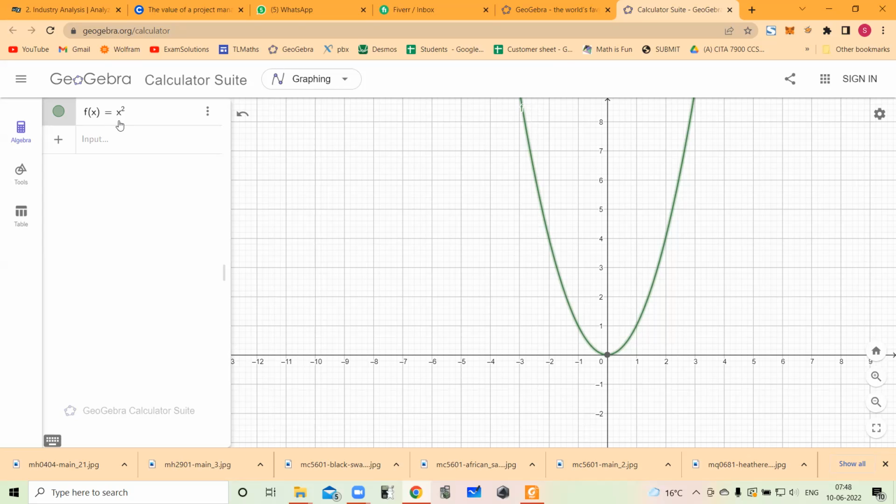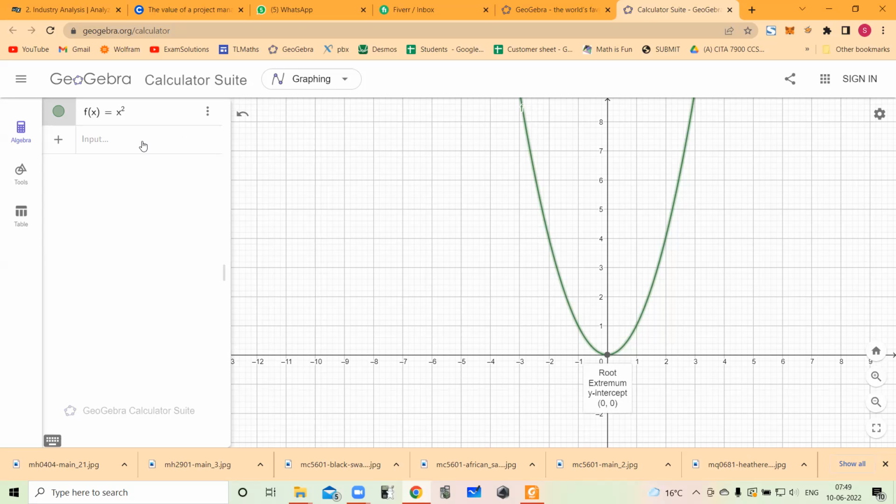I have put in 1 for a, that's why I got y equals x squared. And then all the other things I have put in 0. B is 0, C is 0. As there was a y-intercept in the line, in the same way you're having the y-intercept here as C in the parabola. Since we have put that equal to 0, this is cutting the y-axis at 0.